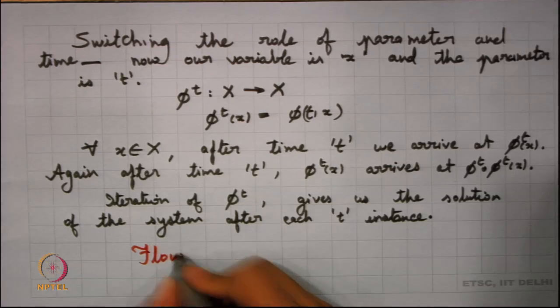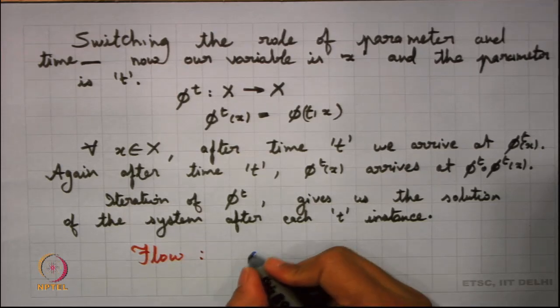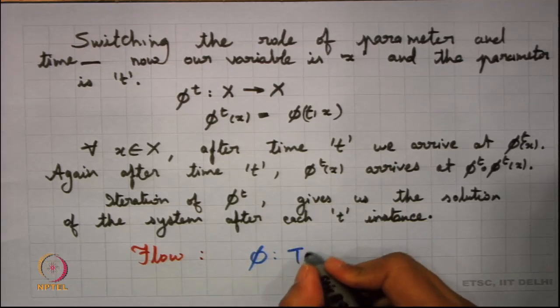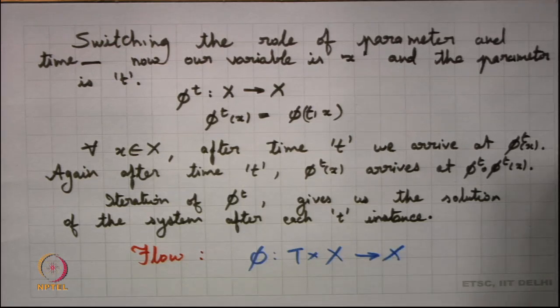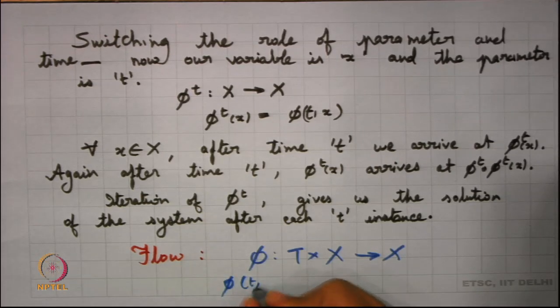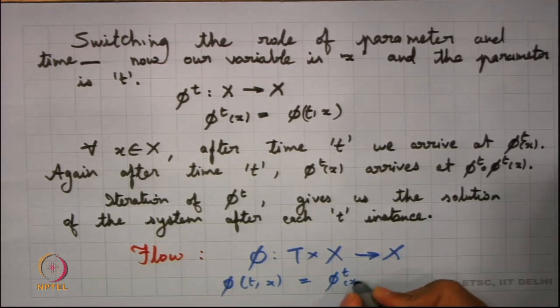So, if we look into this aspect, this gives us something which is called a flow. Now, what is a flow? A flow is basically, I can think of this as a map phi from T cross X to X, where I can simply say that this map is given as phi of t, x is nothing but phi t of x.